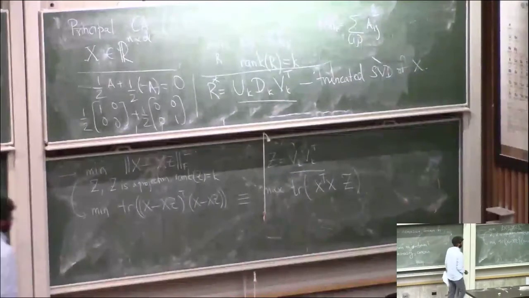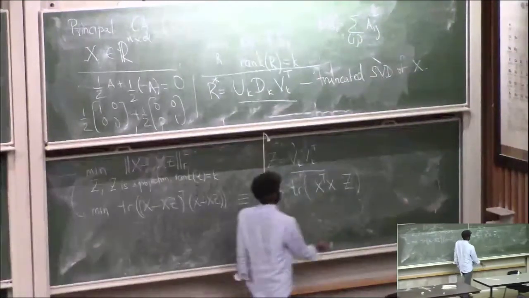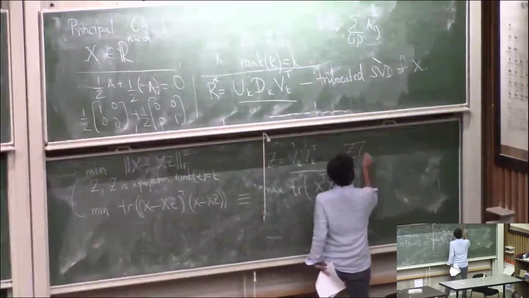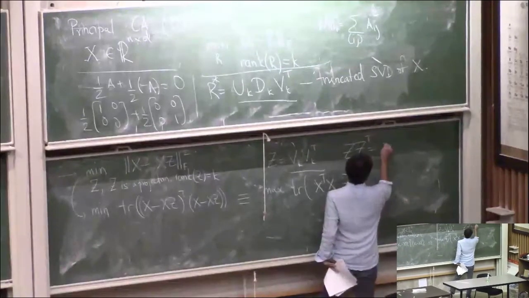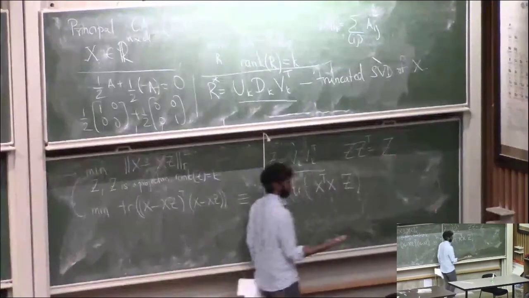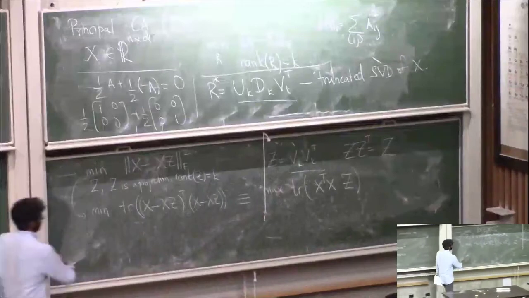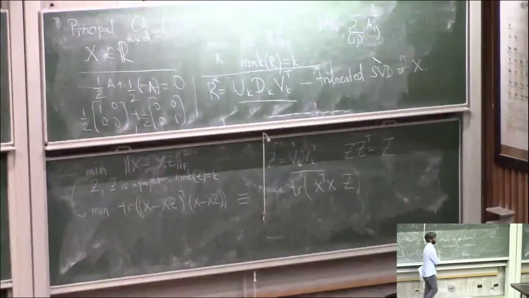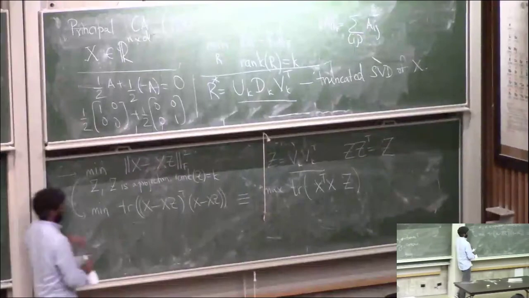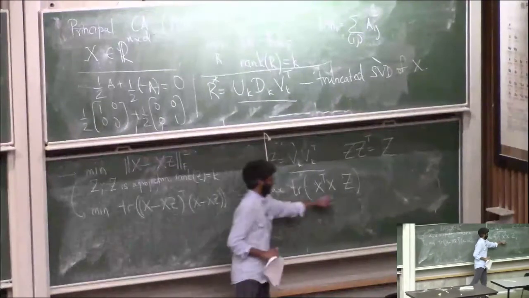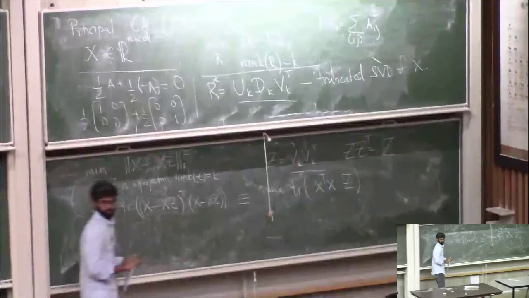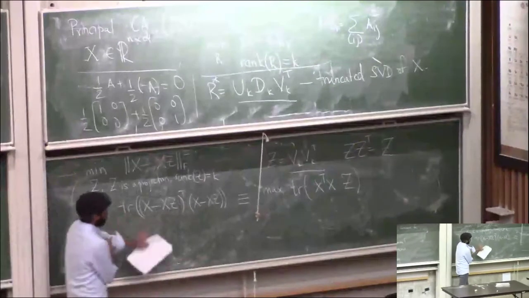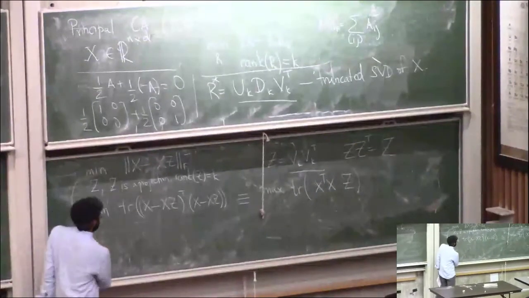Use the fact that a projection matrix is idempotent, so expand out that square and you'll end up with this equivalent. Minimizing this over Z is equivalent to maximizing this over Z. If you don't see it, just expand out the square and believe me for now.